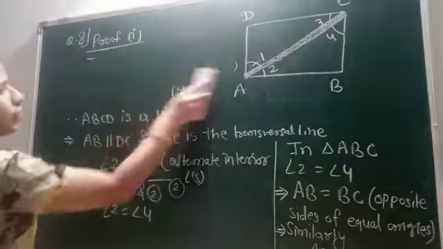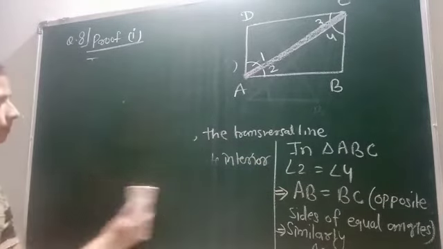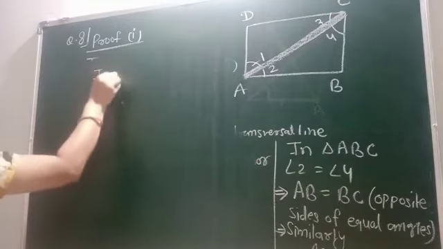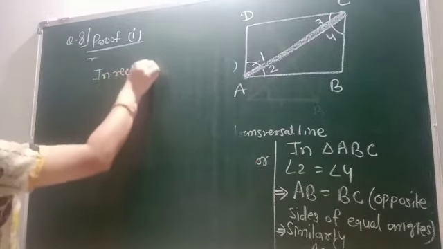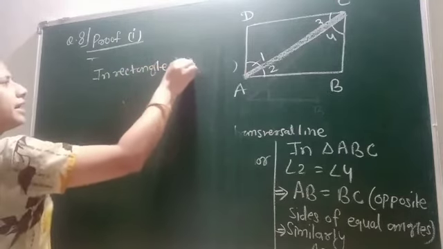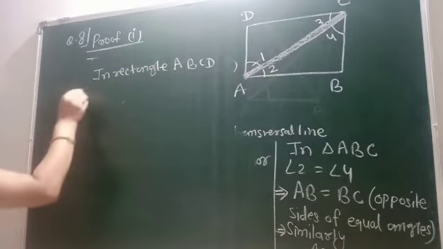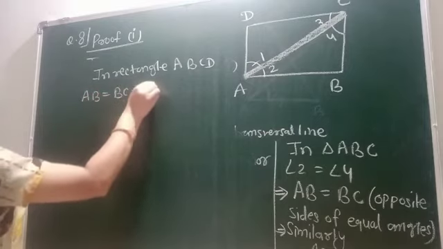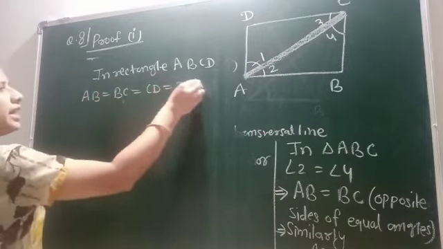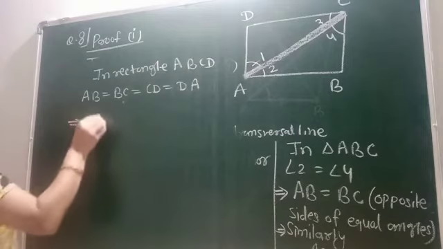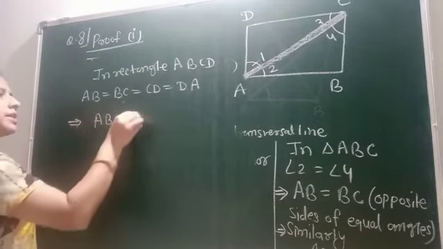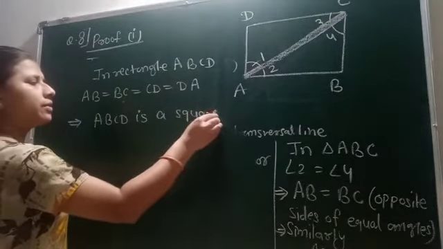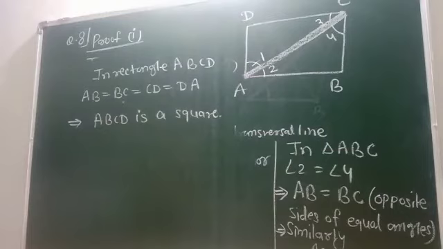So how we can write? In rectangle ABCD, AB equals BC equals CD equals DA. This implies that ABCD is a square. Okay, our first part is completed.